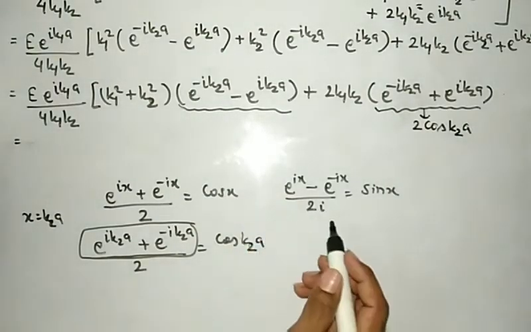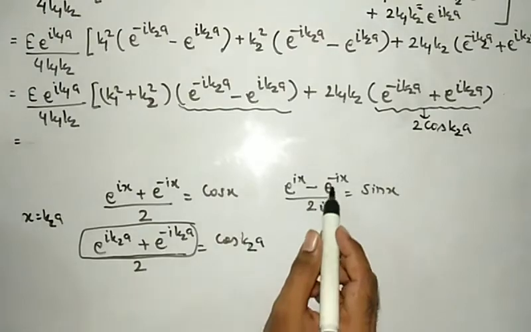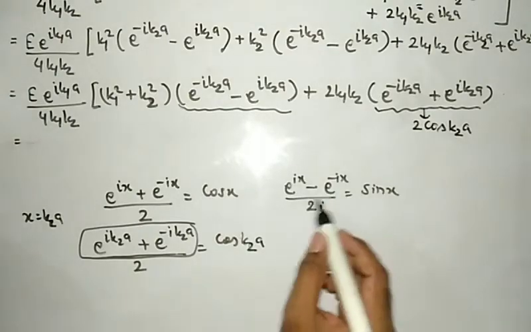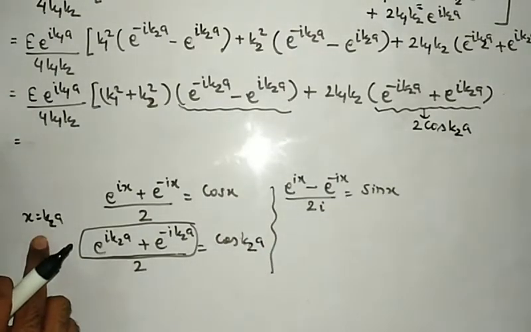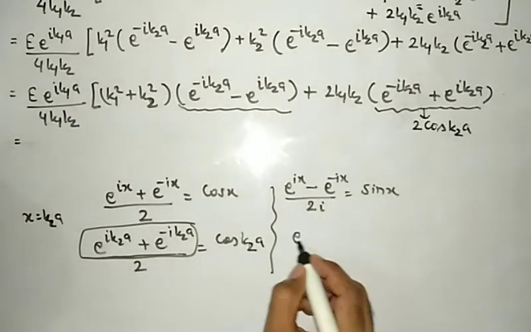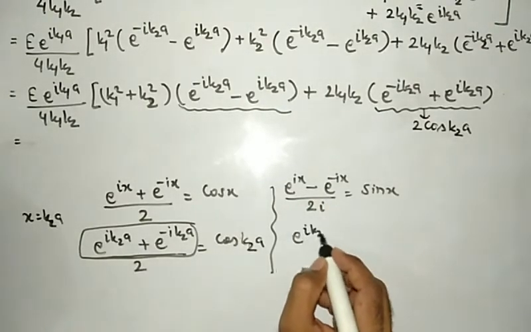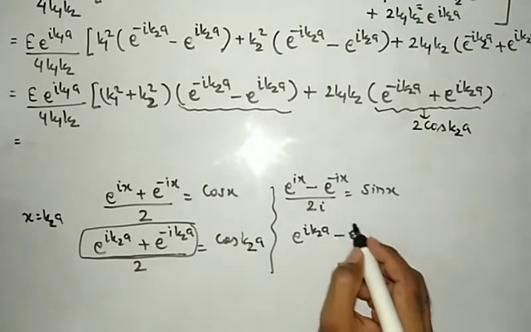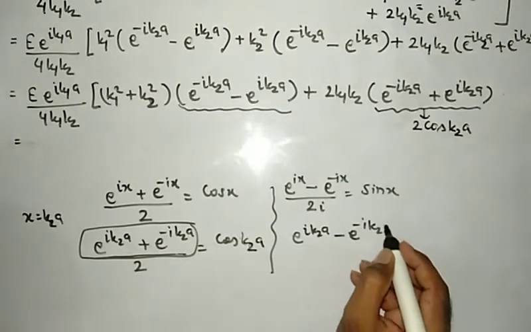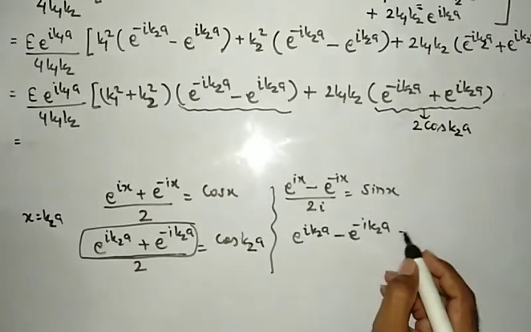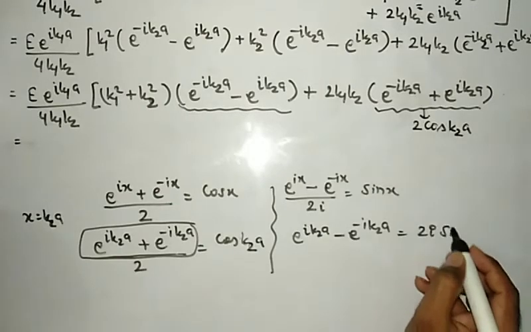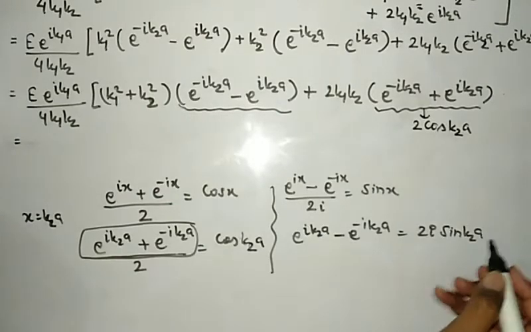What about this one? We can take here also x is equal to k2 a, so e to the power i k2 a minus e to the power minus i k2 a is equal to 2i sin k2 a.